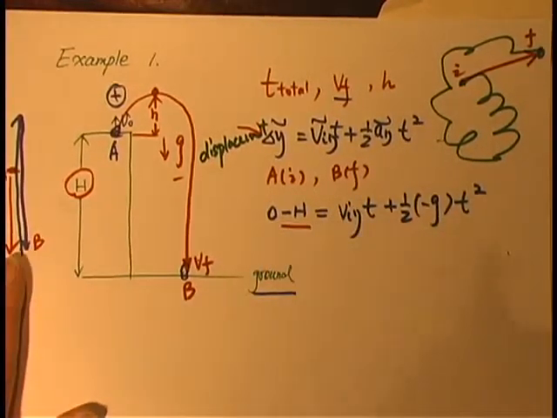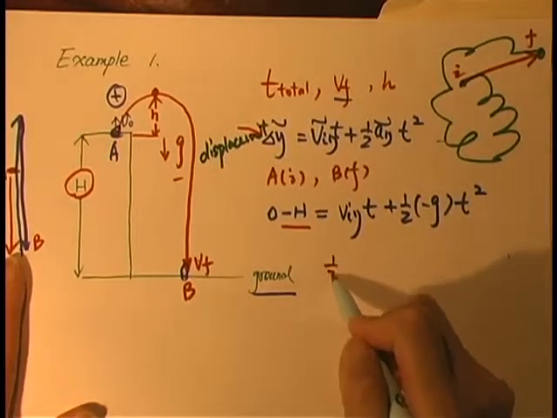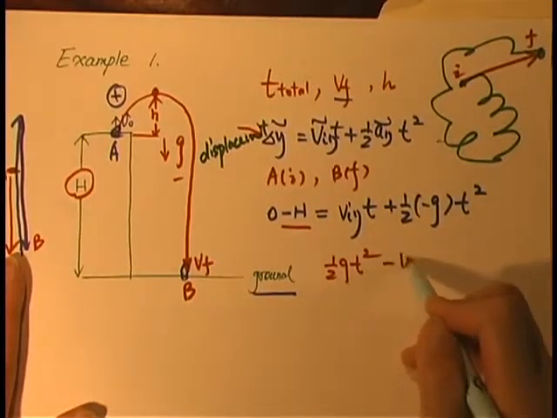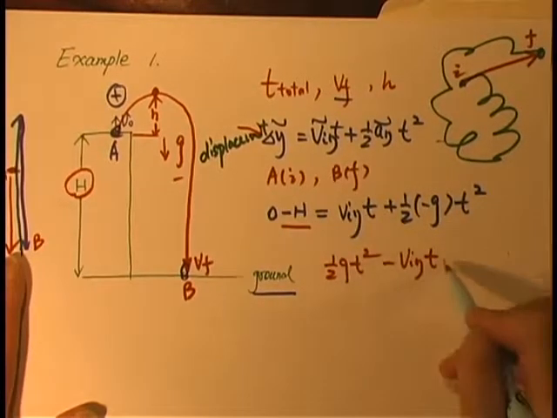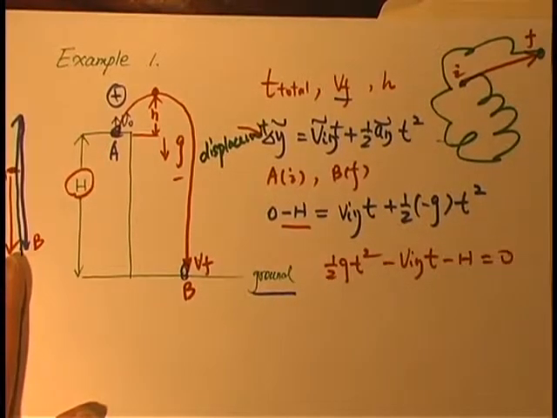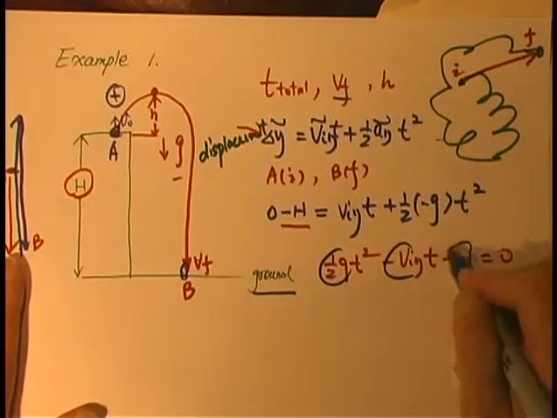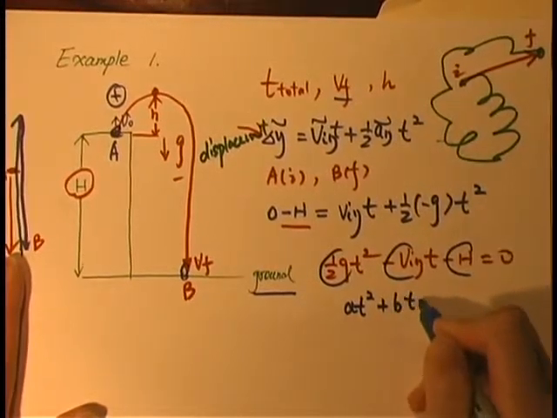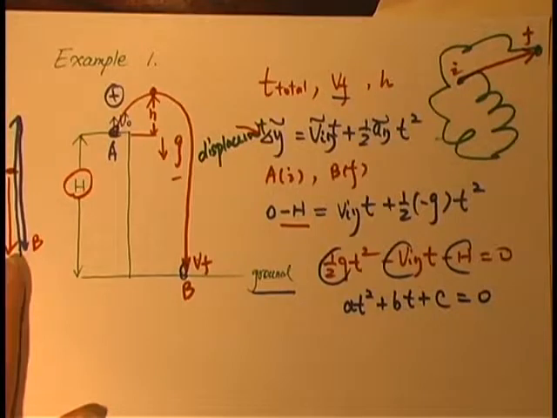This is a quadratic equation. If you move everything, for example, you move the 1/2 gt squared term to the left, minus v initial y t, and minus h equals 0. This is your A, this is your B, that's your C. So you follow A t squared plus B t plus C equals 0. You solve this quadratic equation.